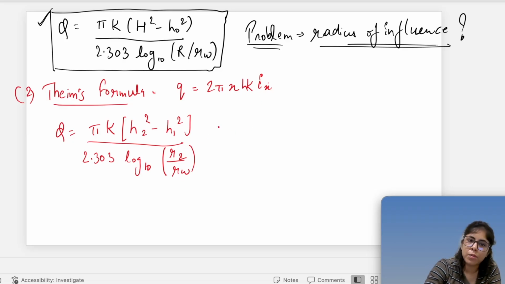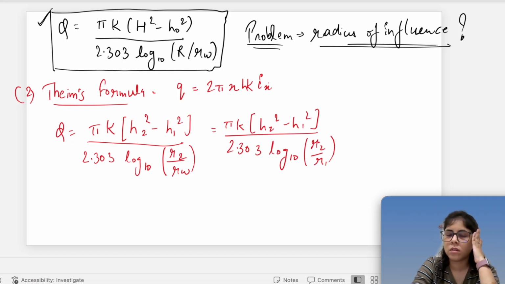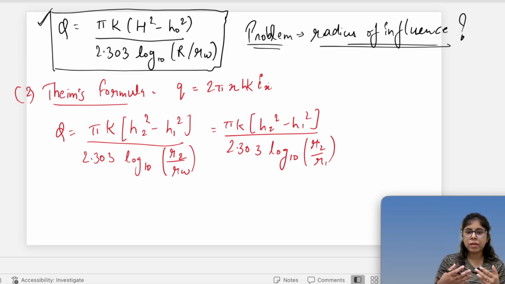You can put r2 upon rw, or you can put pi k (h2 square minus h1 square) upon 2.303 log 10 r2 upon r1. Now whatever the thing is given, if in the exam in the question r2 is given, then you'll be putting r2.